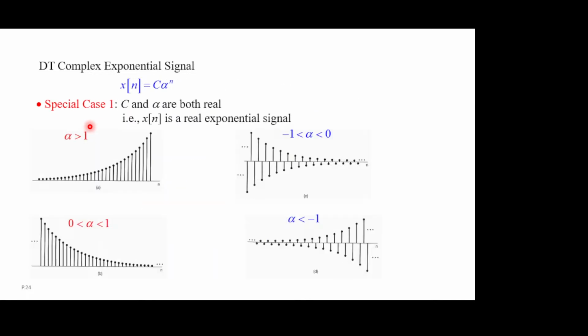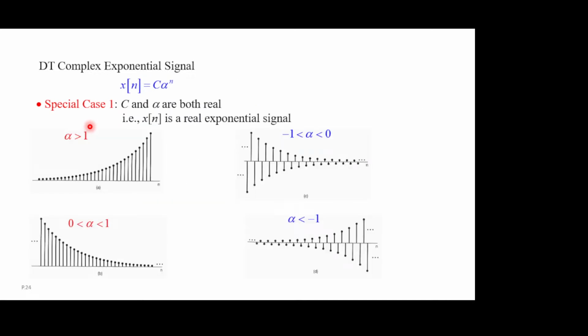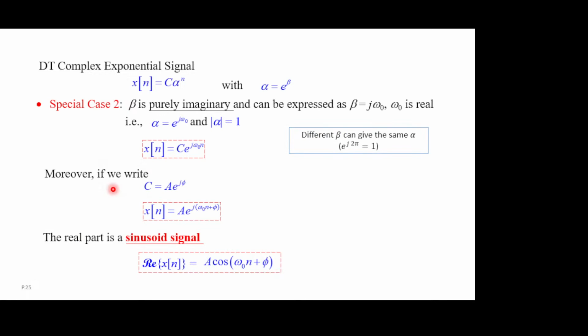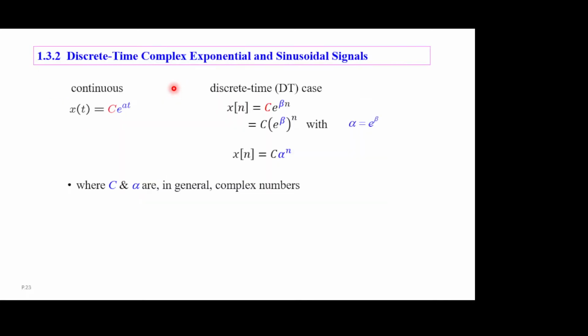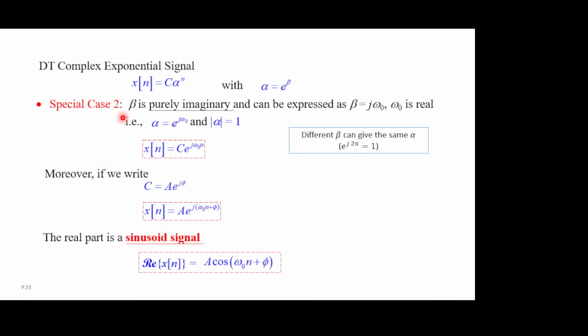But the real cases are just a showcase. As in the continuous time case, the thing we care most about is periodic signals. So it was back when A was purely imaginary, and here that means beta is purely imaginary.